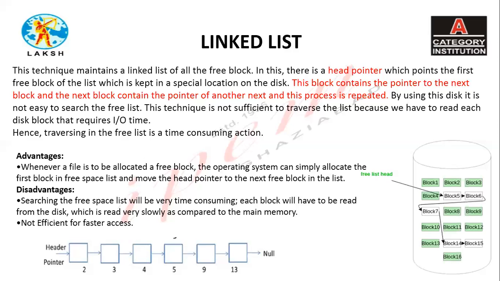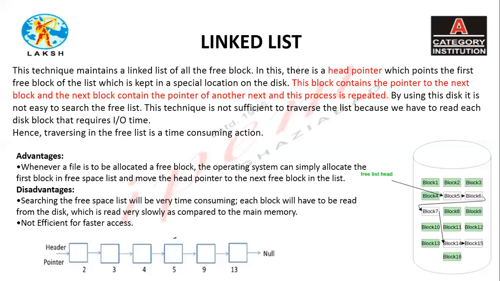The disadvantage of the linked list is traversing: if we have to access the last node, we have to traverse the whole linked list from the first to the last node, so traversing will be a time-consuming process. It is better, but a little of our time will be wasted here.